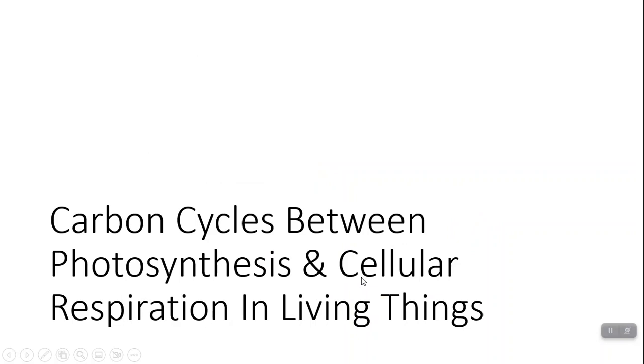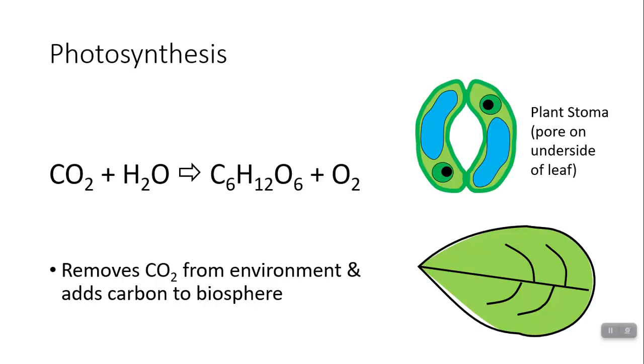Alright, so I said we're going to talk about photosynthesis and cell respiration in more detail. Let's talk about how carbon cycles in with those two processes. So the formula for photosynthesis, let's take a look at where carbon is. So carbon is in the carbon dioxide. That's in one of the reactants, or things that are reacting. So carbon dioxide plus water yields glucose, which also has carbon, and oxygen.